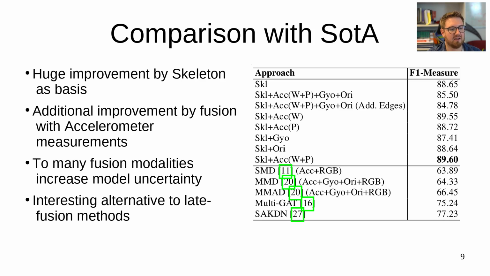We also found that the model gets more uncertain when incorporating too many modalities, and we found it to be an interesting alternative that does not add too high complexity to the model.